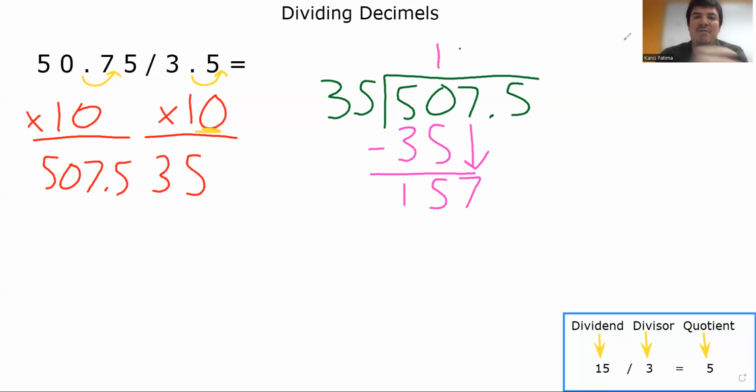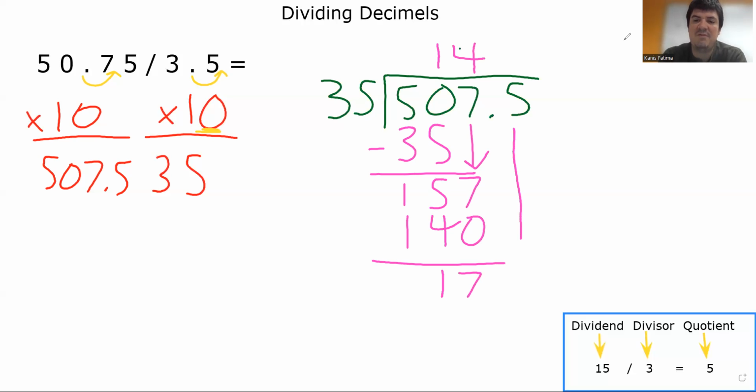35 goes into 157 4 times. 4 times 35 is 140. 157 minus 140 is 17. Bring down the 5. And 35 goes into 175 5 times.